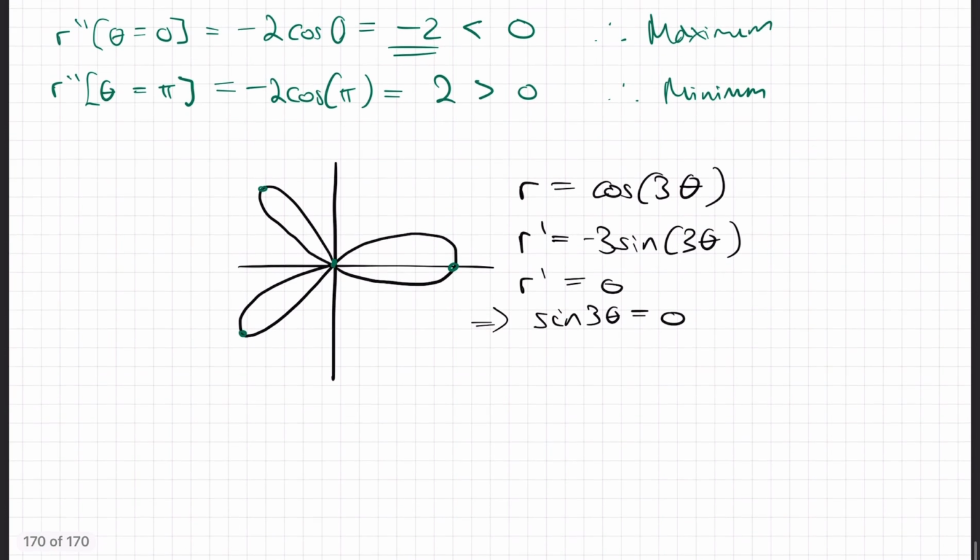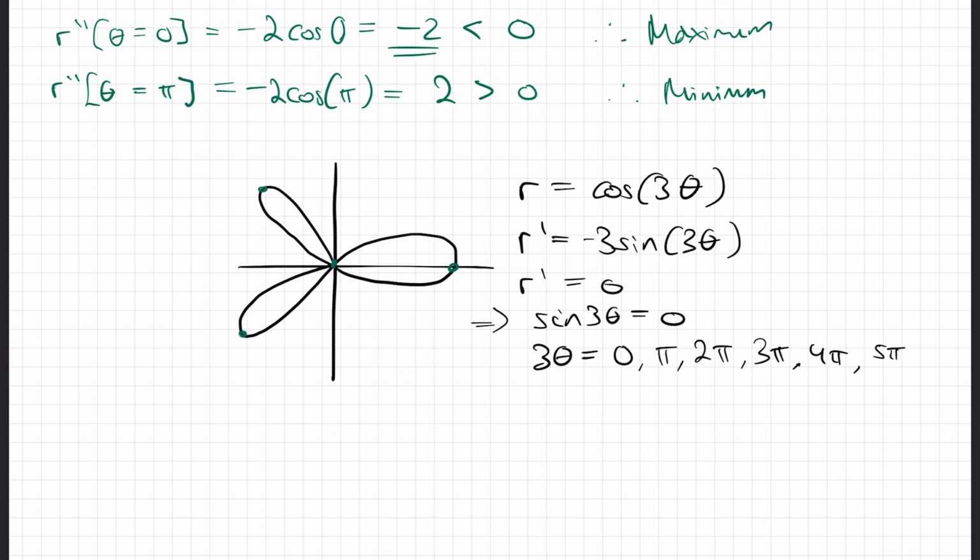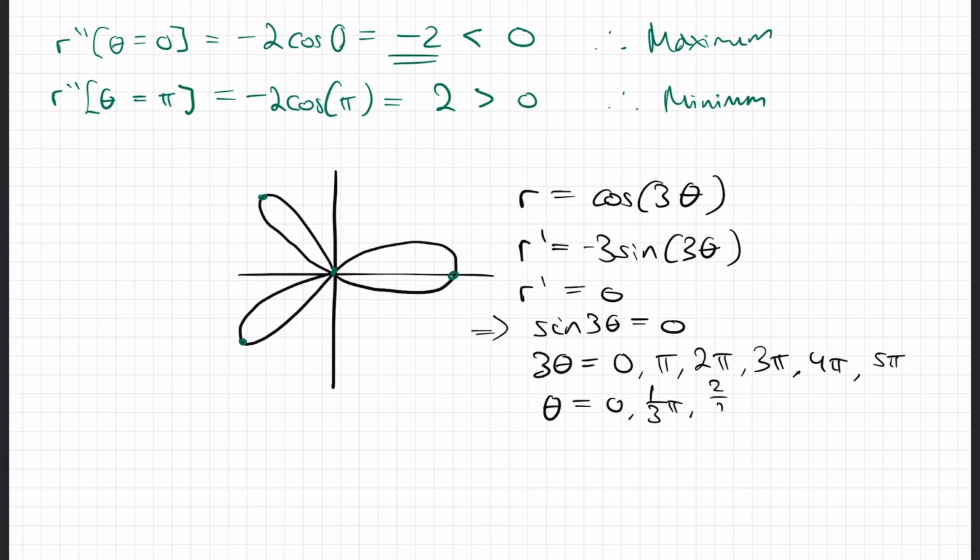Now we can solve this using 3 theta equals 0, pi, 2 pi, 3 pi, 4 pi, 5 pi, and 6 pi is just going to give us 2 pi, which is the same as 0, so we can ignore that. So our solutions for the turning points are 0, 1/3 pi, 2/3 pi, pi, 4/3 pi, and 5/3 pi.